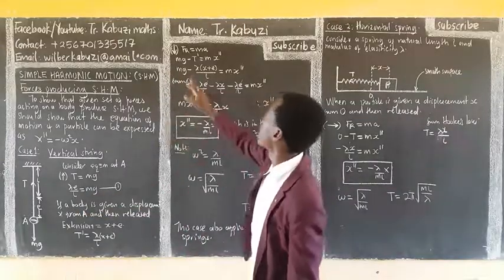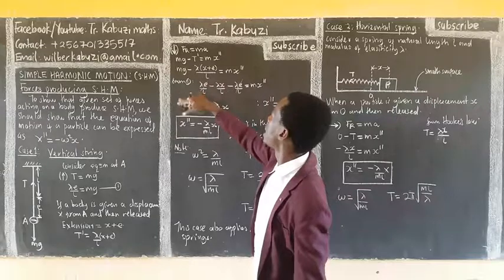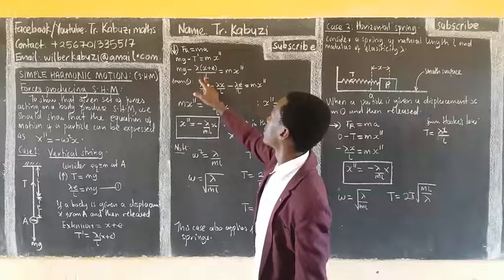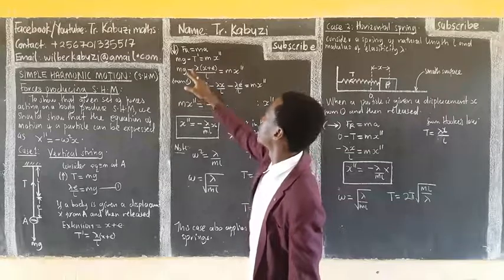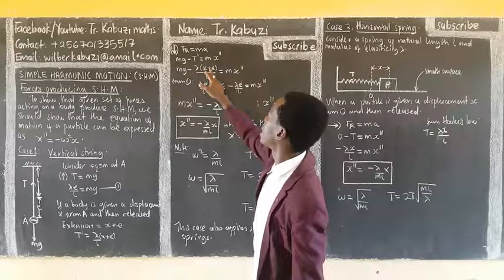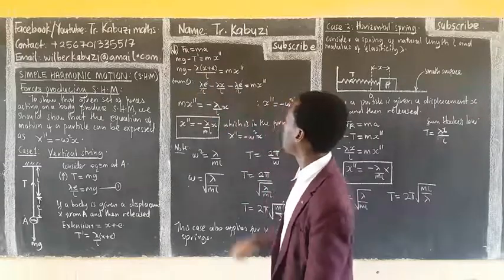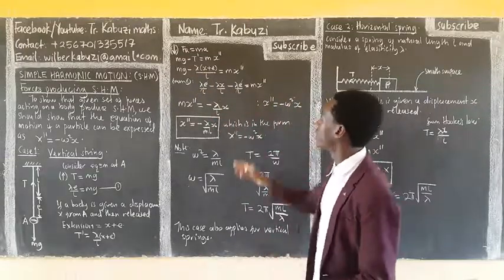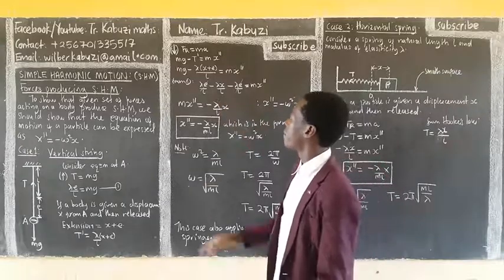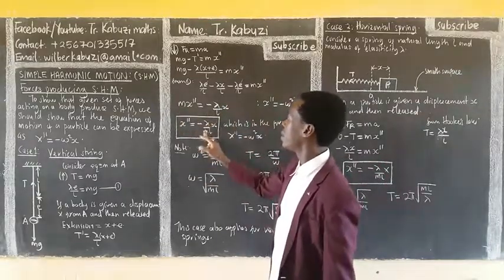When we put it there and expand, we get lambda x over L negative, then lambda e over L negative. So mg and lambda e over L cancel, and we have that remaining. So this is equal to this, and if you divide this side, you get this.